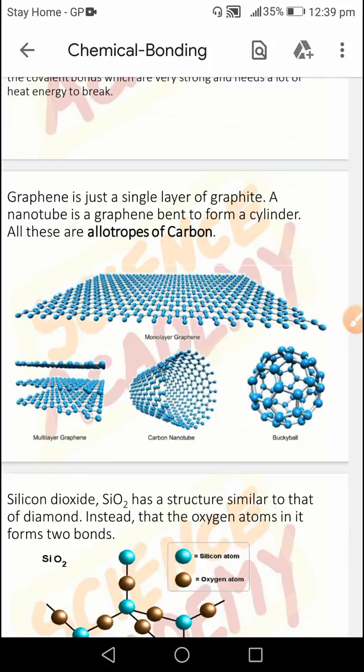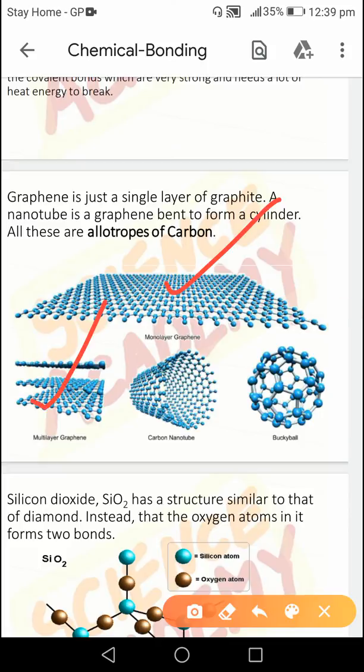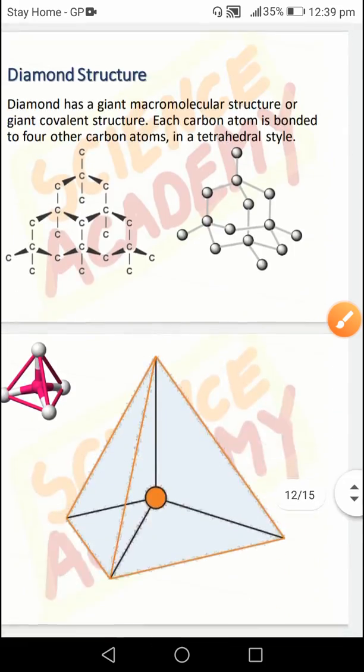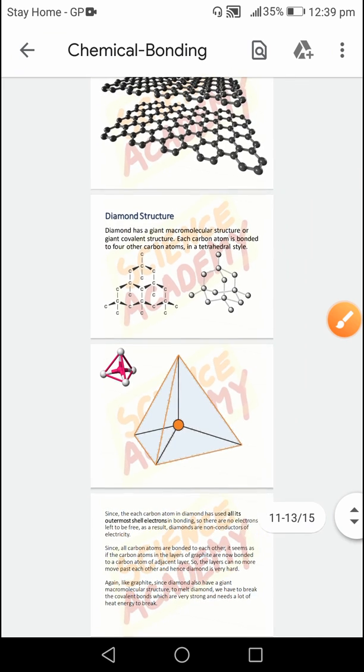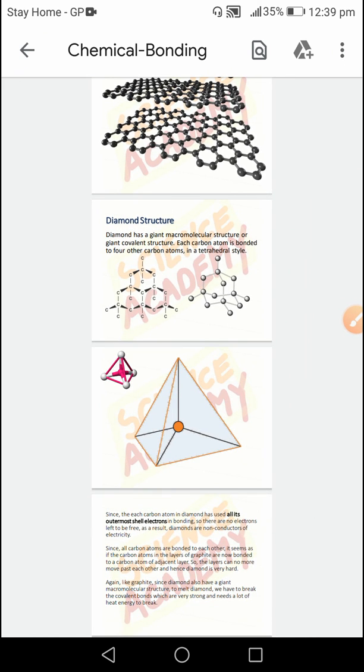Like the graphene, the graphite, the carbon nanotube, and then the diamond.